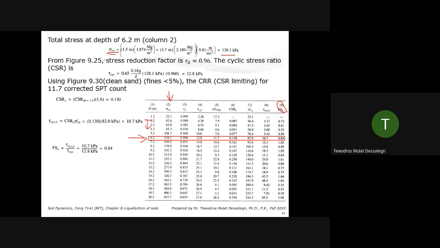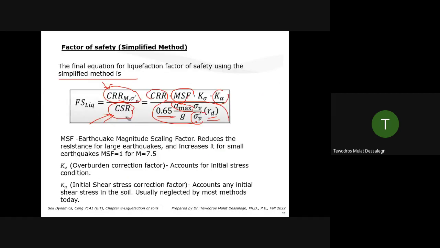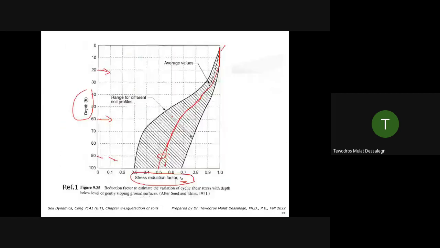From figure 9.25, the stress reduction factor rd is 0.96 for these steps. For the cyclic stress ratio CSR, let's see, figure 9.25 at a depth of 6.2, around here. So rd, that's how you estimate it.